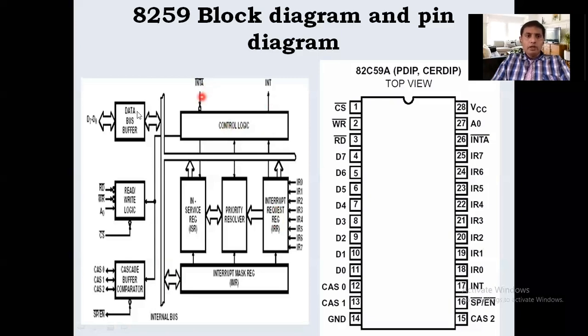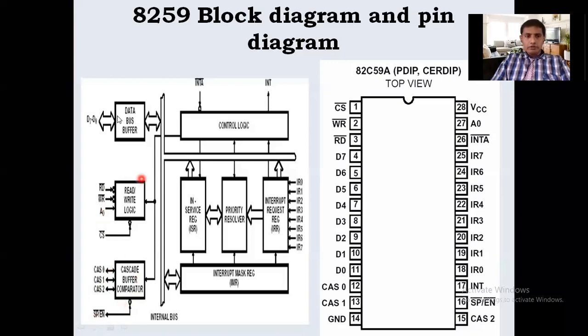We'll see them in detail. Then the data bus buffer is also connected to the internal bus and it is bidirectional, connected to the lower byte of the data bus, D0 to D7. Then the read write logic has read and write operations, and only one address line, named A0, and a chip select signal CS bar. And the cascade buffer comparator has 3 cascade pins, CAS0, CAS1 and CAS2, and SP bar / EN bar is one more pin.